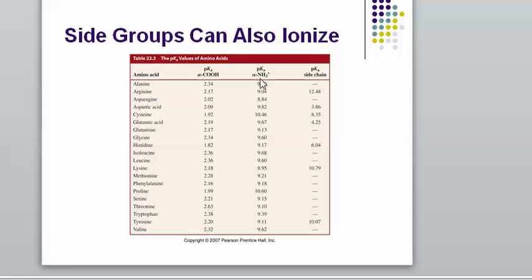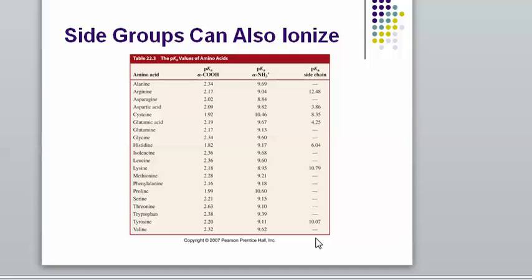The pKa's for the NH3 groups are all listed here as well, and notice they're about 9.5, somewhere in that vicinity. Some of them are a little below, some of them are a little above. And then some of these amino acids, the acid and the base ones especially, also have a pKa value for their side chain. So they probably have some kind of carboxylic acid, or some type of amine or amide group on them that can lose or gain a proton. And these have pKa values, and those are listed on the chart as well.